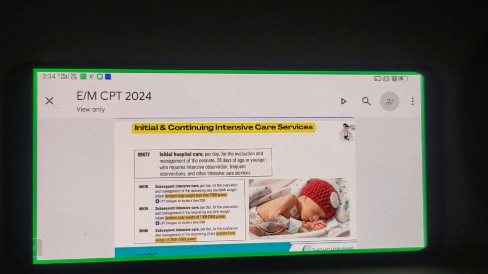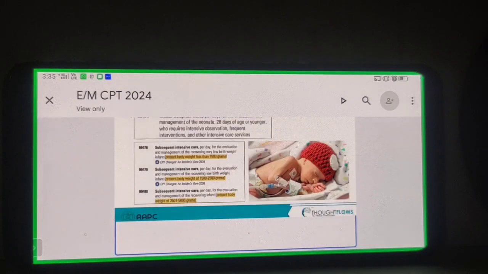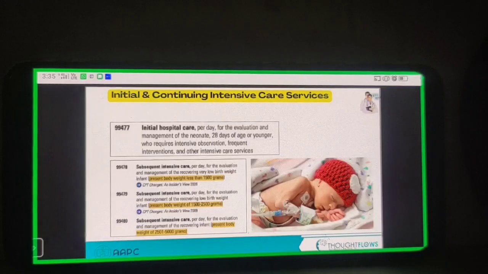For 99478, subsequent day, if the baby weight is less than 1500 gram. 99479 is for 1500 to 2500 gram. 99480 is for 2501 to 5000 gram.